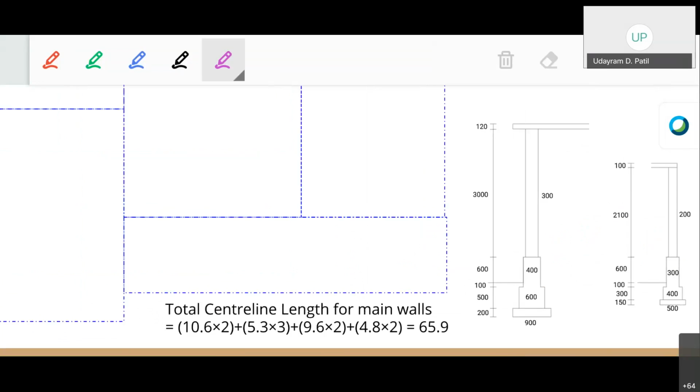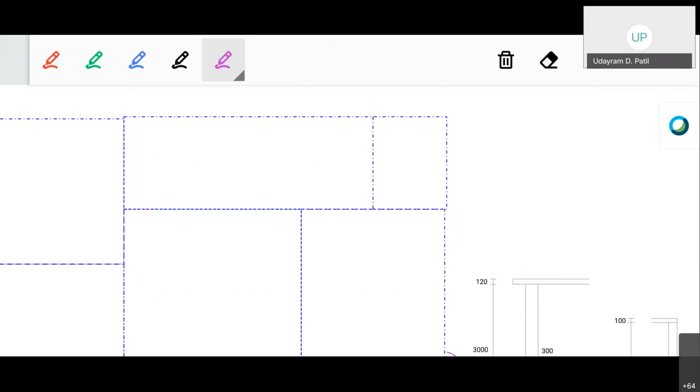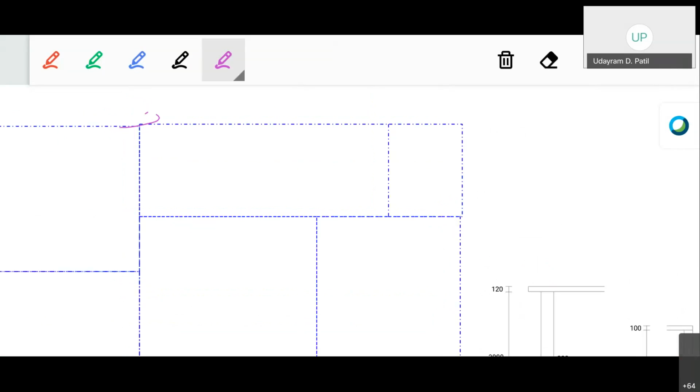In the calculation of the front veranda, for the junctions with the main walls, we have to deduct half of the 0.4, that is 0.2 and 0.2. For the back veranda, for the junctions with the main walls, again we have to deduct the length 0.2, 0.2, 0.2.